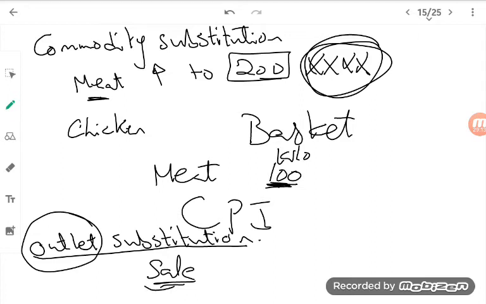So you are not going to pay 5,000. You are going to pay 2,500. But what is going to be counted in the calculation of CPI is 5,000, not 2,500. So this also should be taken into consideration. So these 4 reasons are reasons for bias in CPI. Maybe it's overvalued or undervalued.